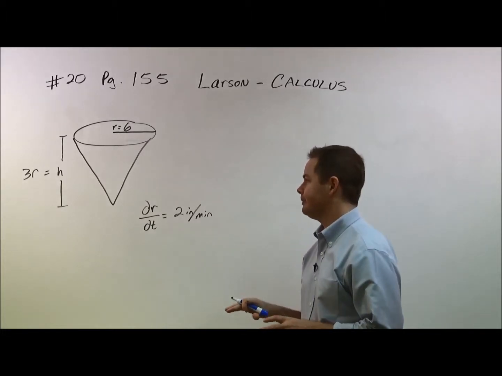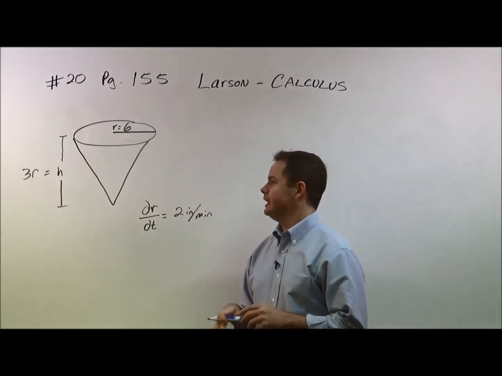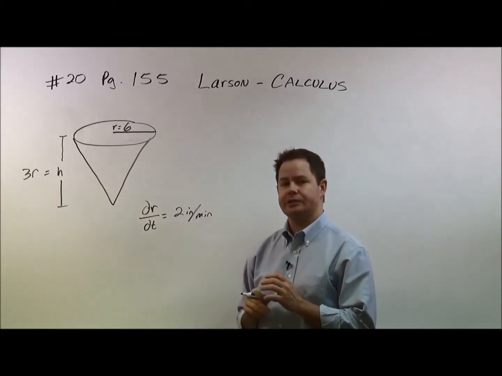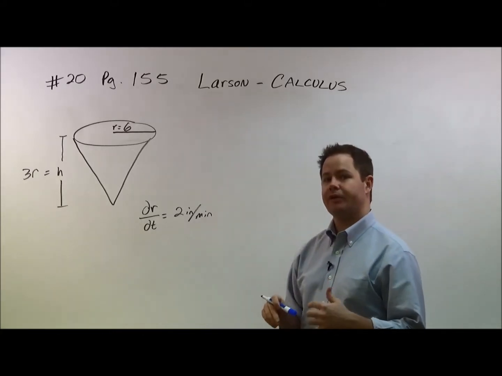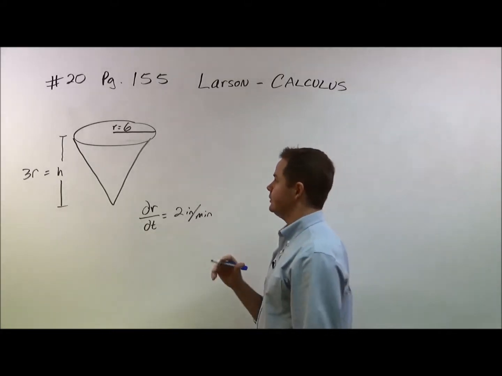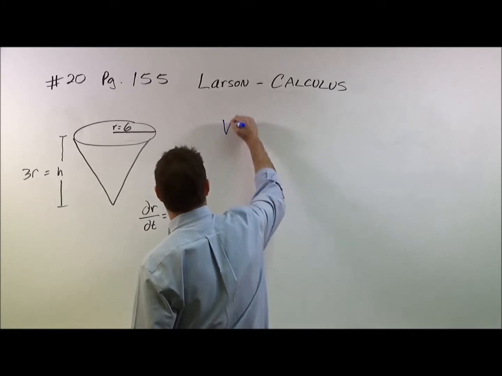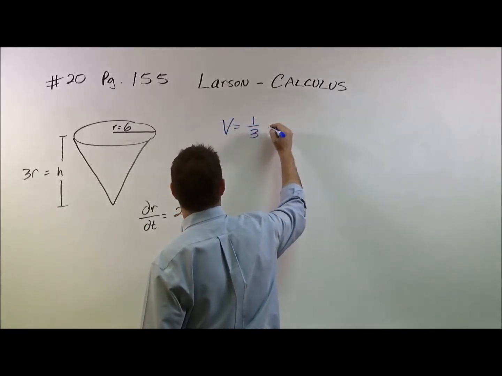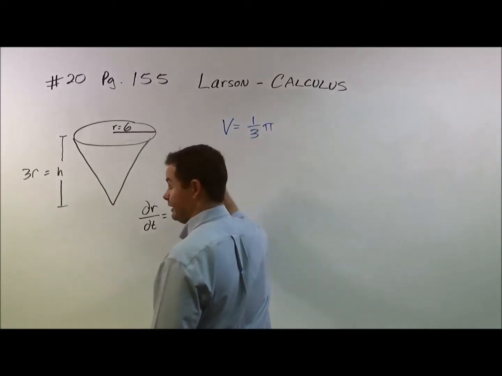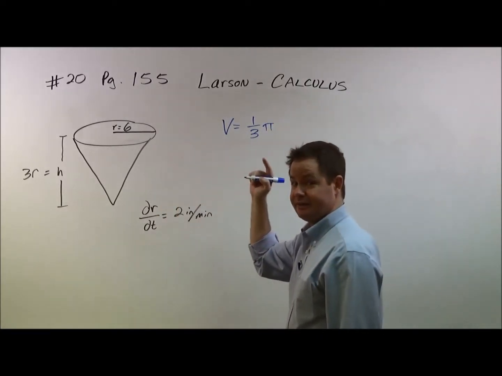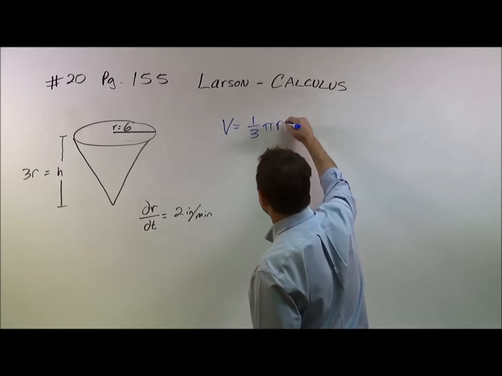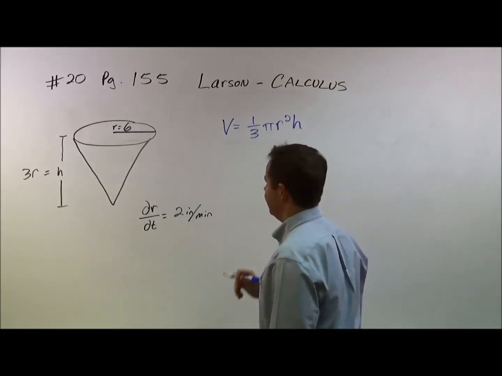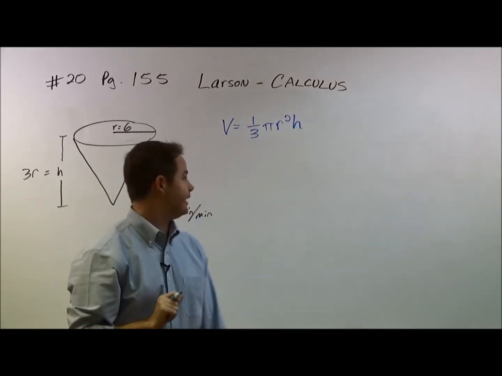Whenever we're dealing with cones, we want to see if we can come up with the volume equation for a cone. The volume of a cone is going to be 1/3 pi r squared h. Hopefully that's what you said out loud or to yourselves as I was putting that up on the board.